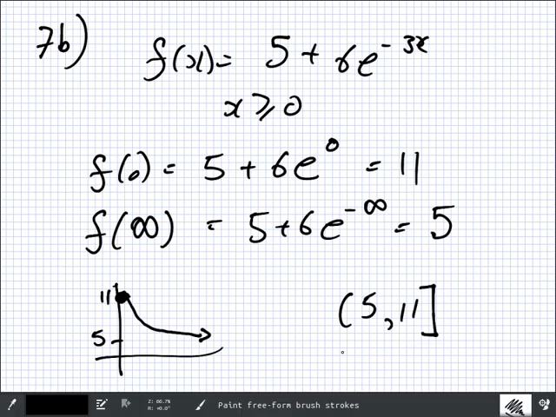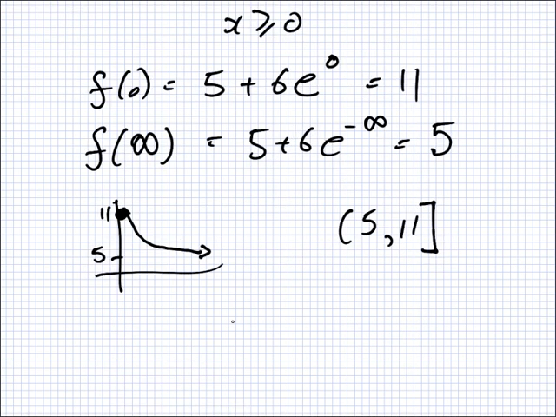I should have written 5 less than 5 plus 6e to the minus 3x less than or equal to 11. So that's probably the case with C as well, I think. No, C looks okay. D looks okay. Actually, it was just in B I made that mistake.